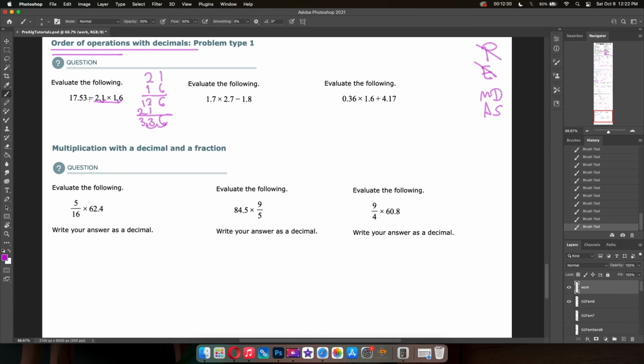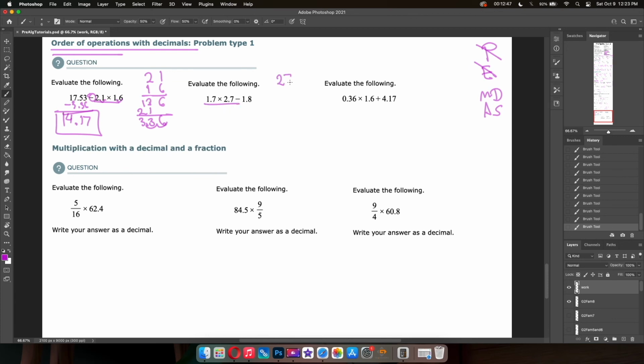So I'm going to subtract that, minus 3.36. So that's going to be 14.17. Now over here we do our multiplying again.